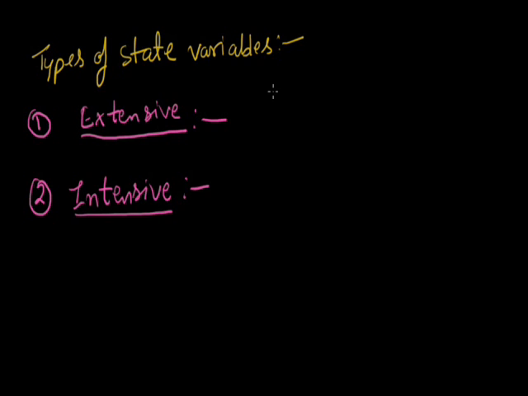Extensive variables indicate the size of the system. Intensive variables do not indicate the size. What would be examples of intensive variables? Pressure and temperature are a few examples of intensive variables.